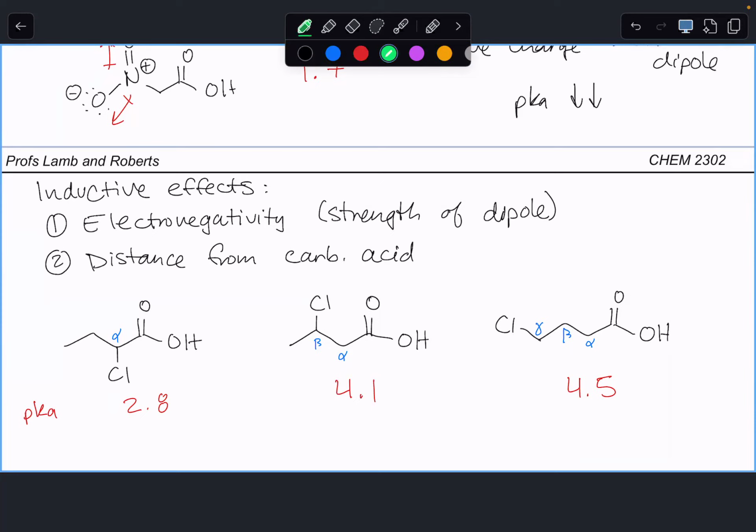Our lowest pKa, the one on the left, has the heteroatom closest to the carboxylic acid, right? And as it gets farther away, it has less and less of an effect. So the closer it is, the bigger the effect.